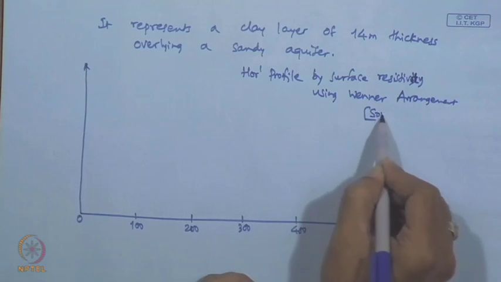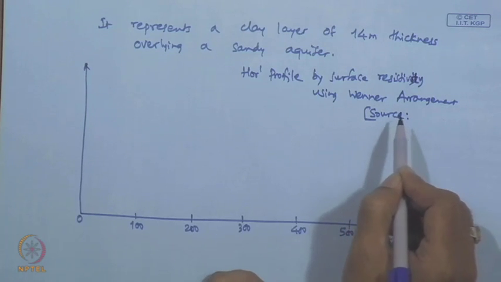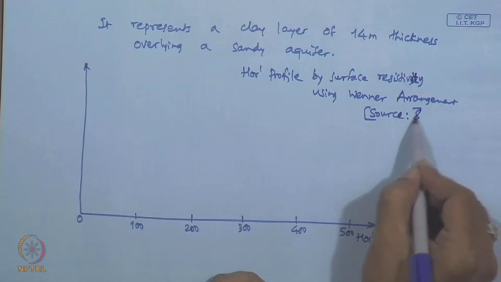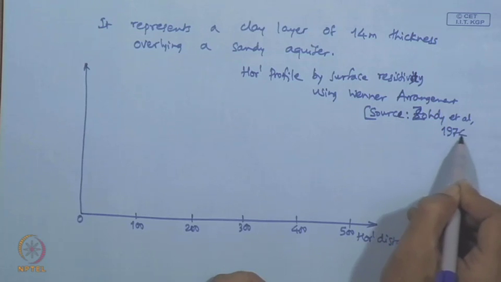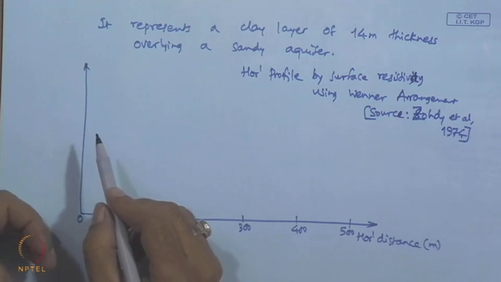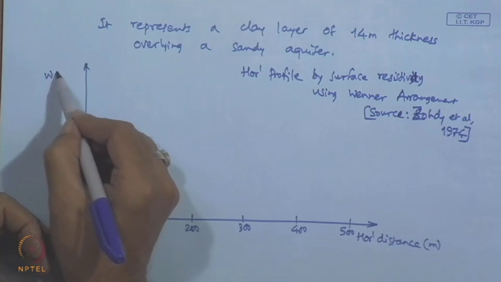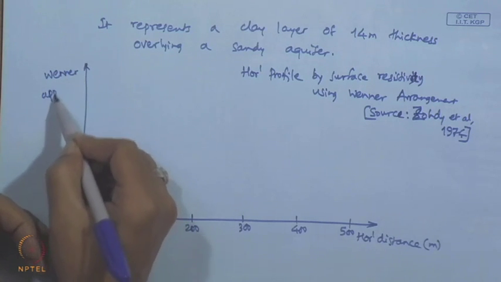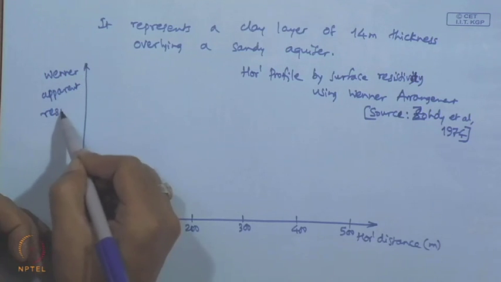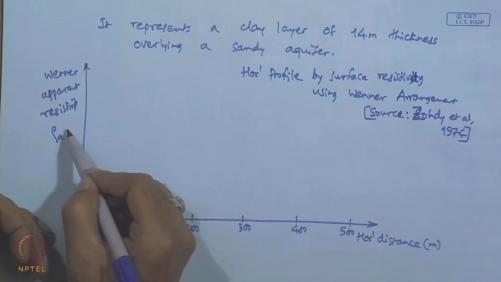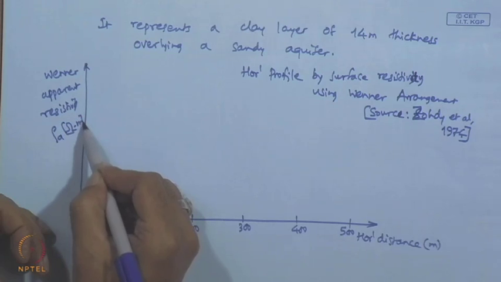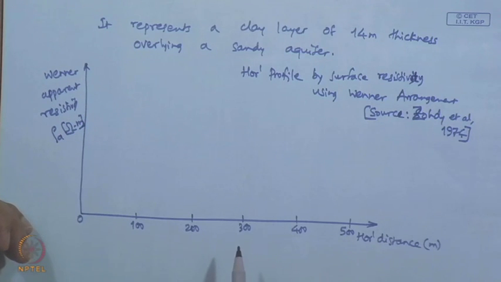Again the source is the same, that is Zodi et al. 1974, and the vertical scale represents the Venner apparent resistivity. This is rho A in ohm meter, and this is also in linear scale.